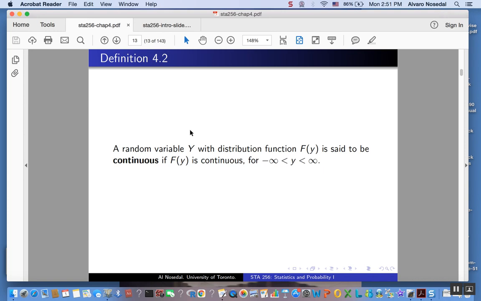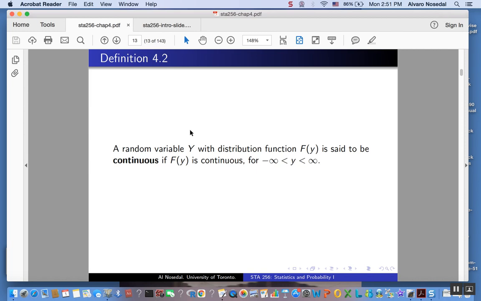Now let me remind you that when we introduced the CDF, since you guys already know a lot about discrete random variables, we found the CDF of a discrete random variable. And the CDF of a discrete random variable looks like a staircase. Remember? Well, that guy is discontinuous.